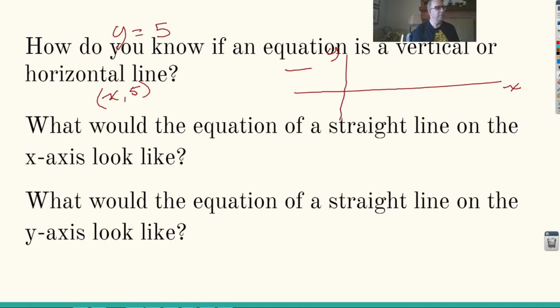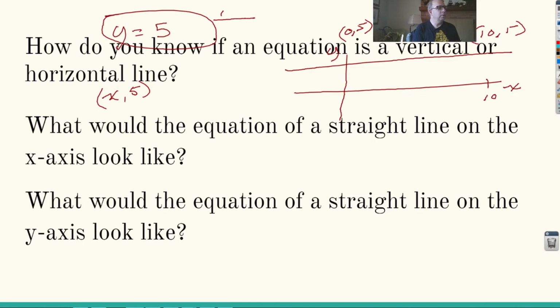That means it doesn't matter what x is. X could be out here at 10, y is always equal to 5. X could be 0, y would equal 5. So this is called y equals 5. It's a horizontal line.